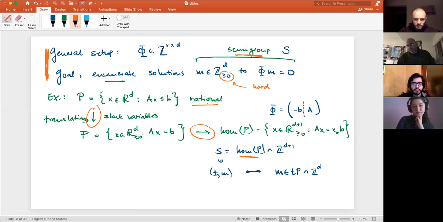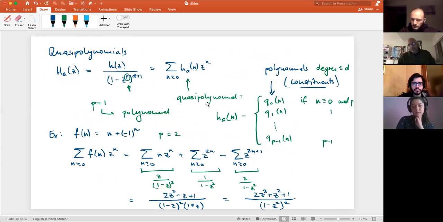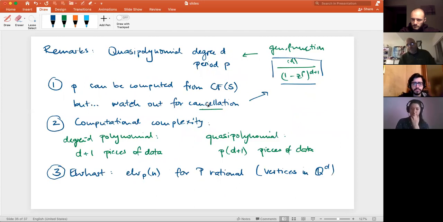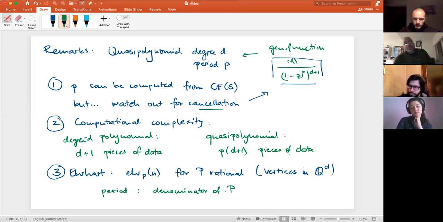And so there's a whole theory here of Ehrhart quasi-polynomials. You can convince yourself that the period here, or the expected period, is what's called the denominator of the polytope. It's a good name. This is the LCM of all denominators that appear in coordinates for all vertices.